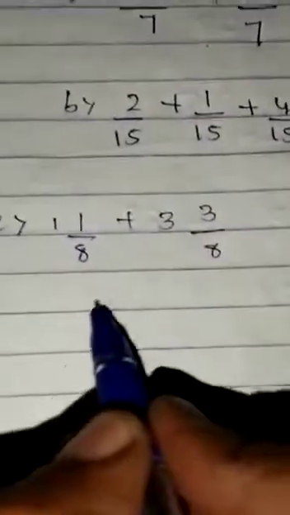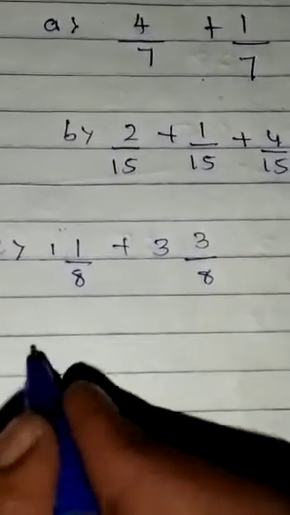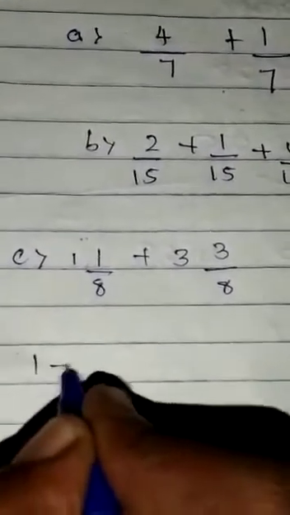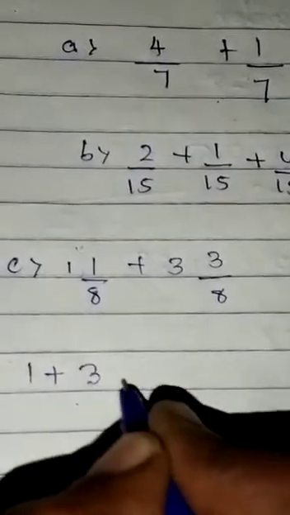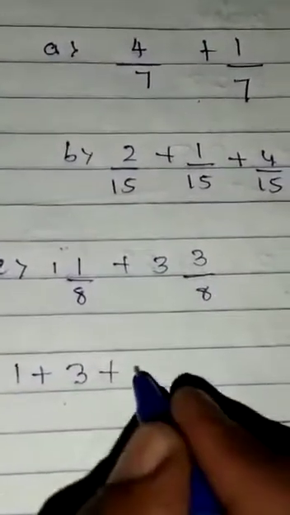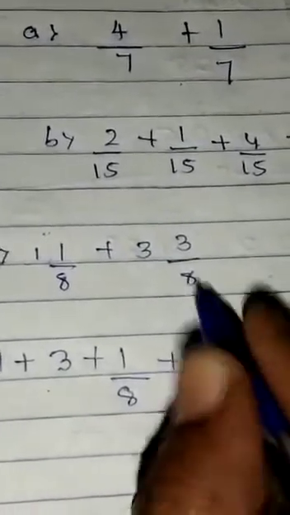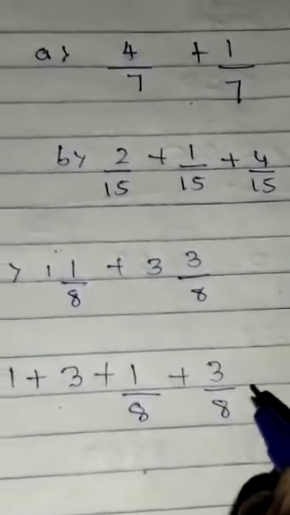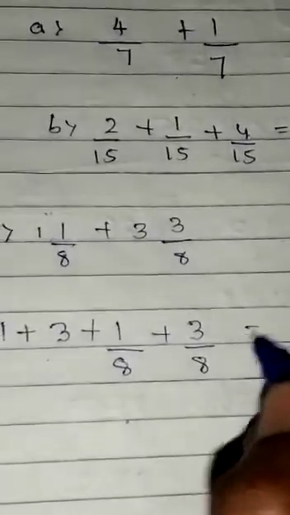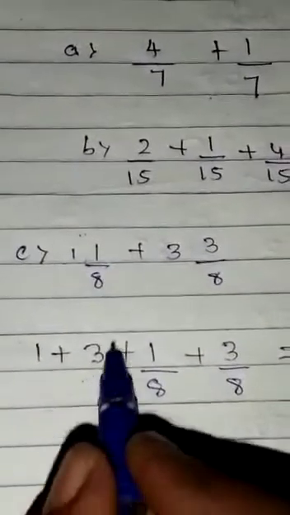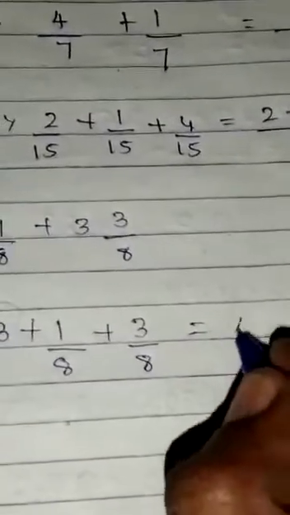Students, this is a mixed fraction. So we have to separate the whole number parts, 1 plus 3, and then the fraction parts, 1 divided by 8 plus 3 divided by 8. First we add the whole number parts. 3 plus 1 equals 4.